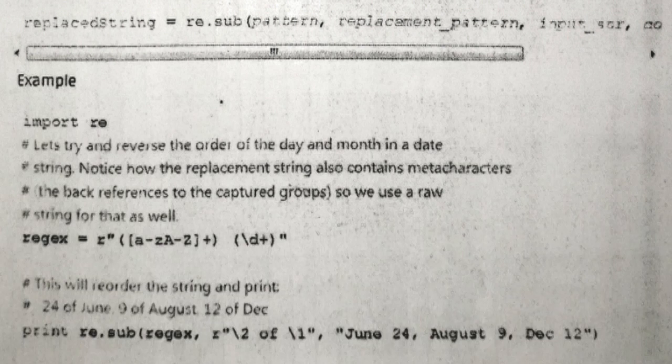Then we have "of" as text that will get displayed, and then \1, which means we want to display group 1, the months. Then we have provided the string June 24, August 9, December 12. So it will give you the result as digits first: 24 of June, 9 of August, 12 of December. Like that you will get to see the output. I hope this is clear to you.